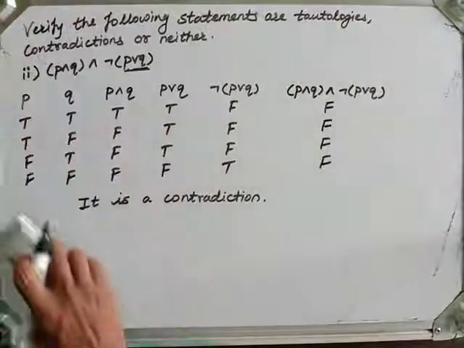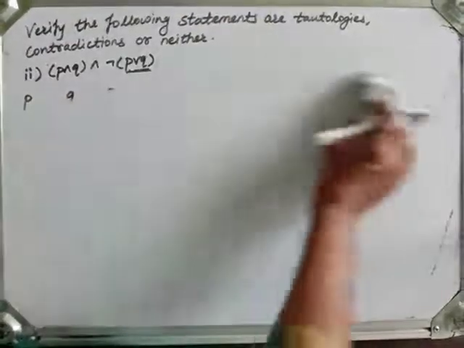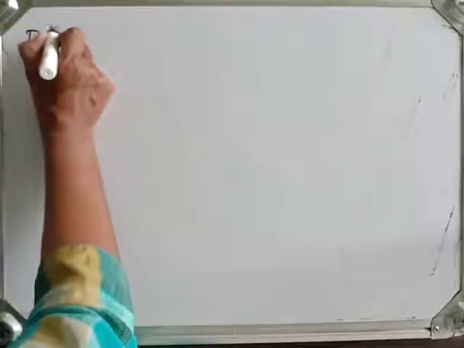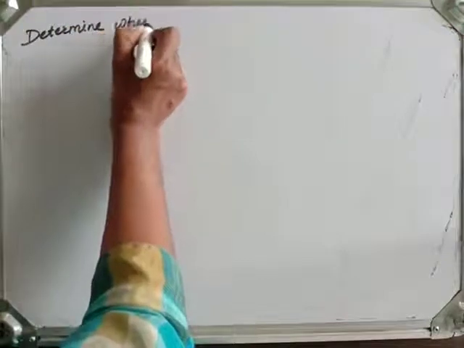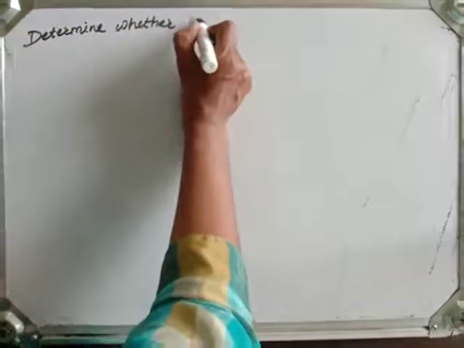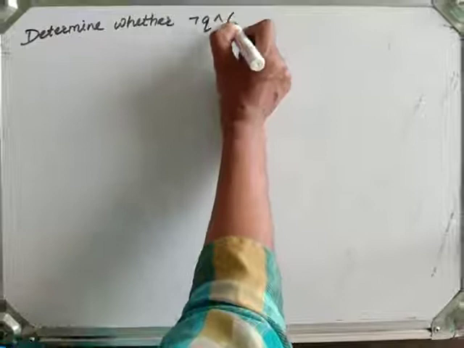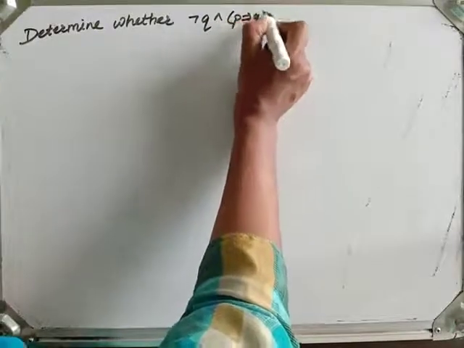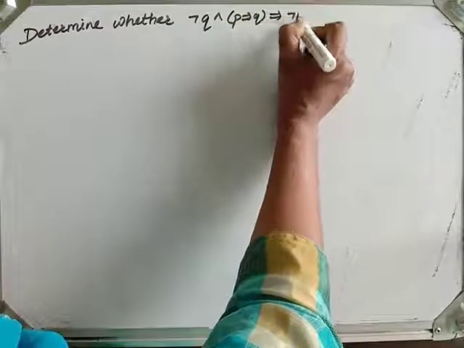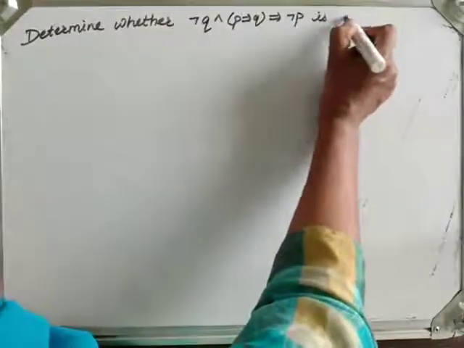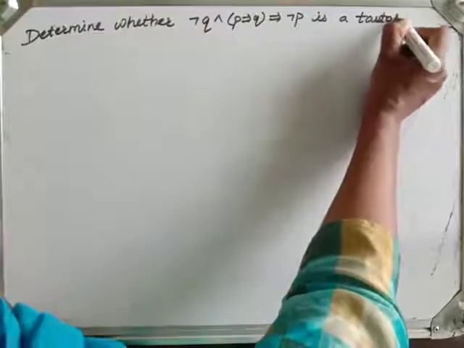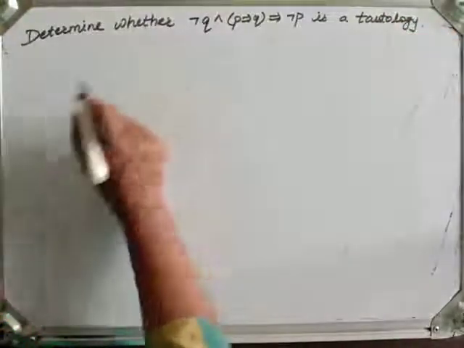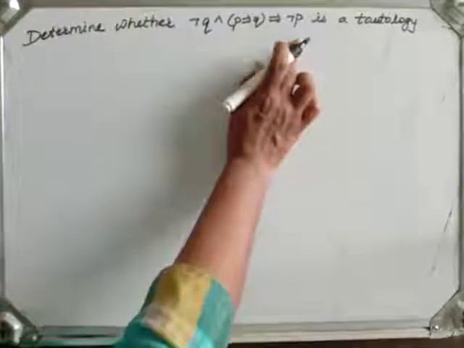Now the next example, determine whether negation Q and P implies Q implies negation P is a tautology. We have to check, is this a tautology or not? Again only two variables are there.